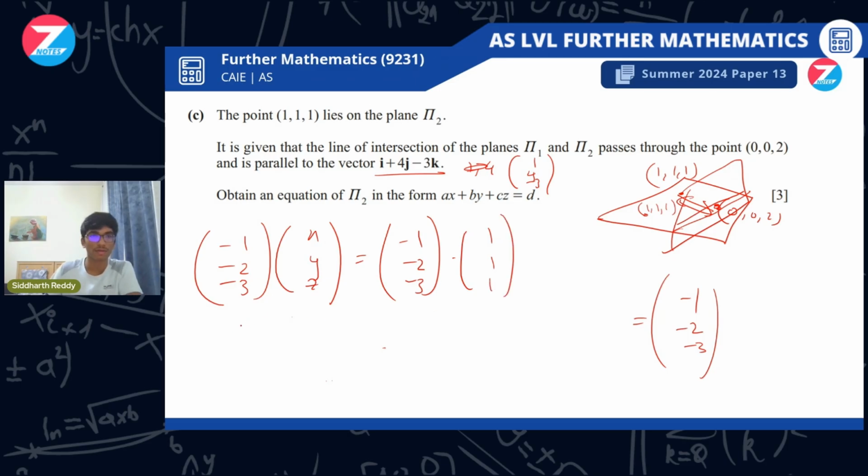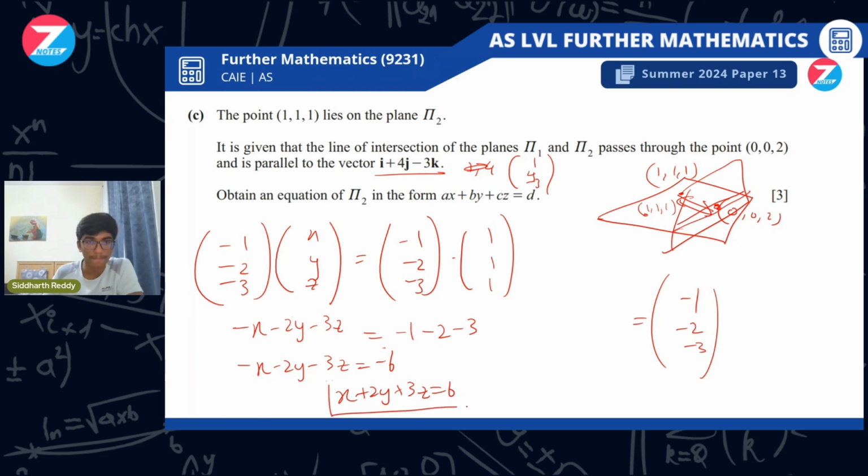So we have minus x minus 2y minus 3z is equal to minus 1 minus 2 minus 3, so minus x minus 2y minus 3z is equal to minus 6. Or x plus 2y plus 3z is equal to 6. Yeah, so that's the solution for this one.